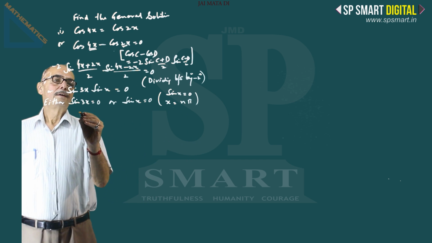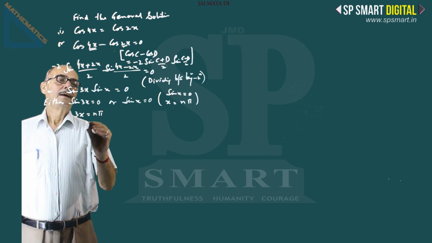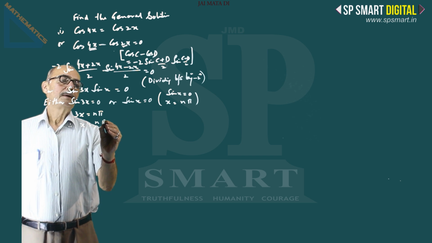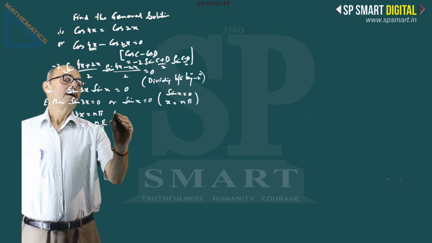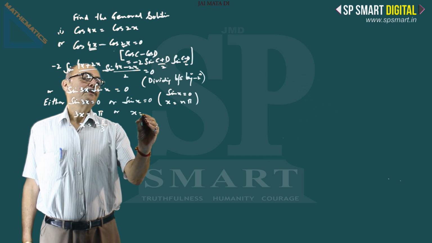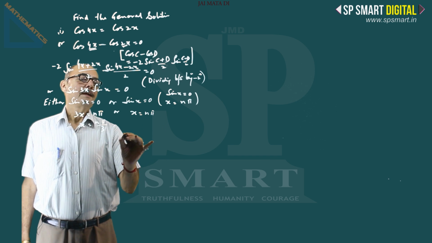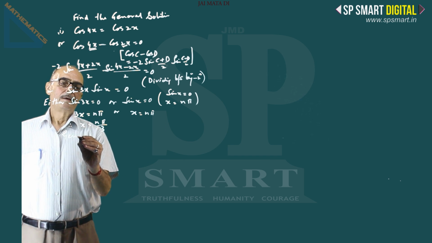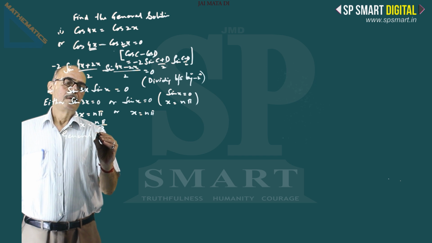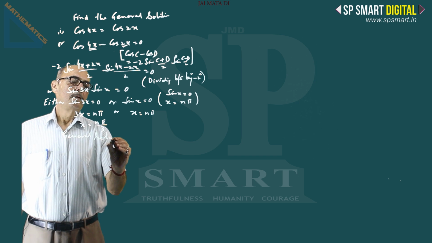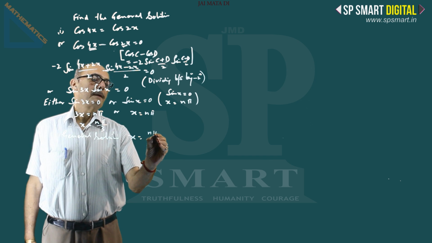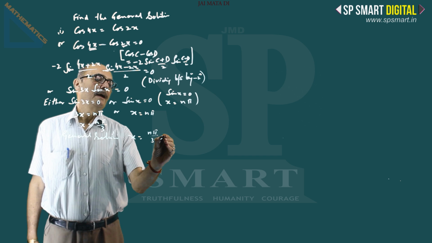So we have 3x equal to n pi, therefore x equal to n pi by 3, or x equal to n pi. The net general solution is x equal to n pi by 3 and n pi.